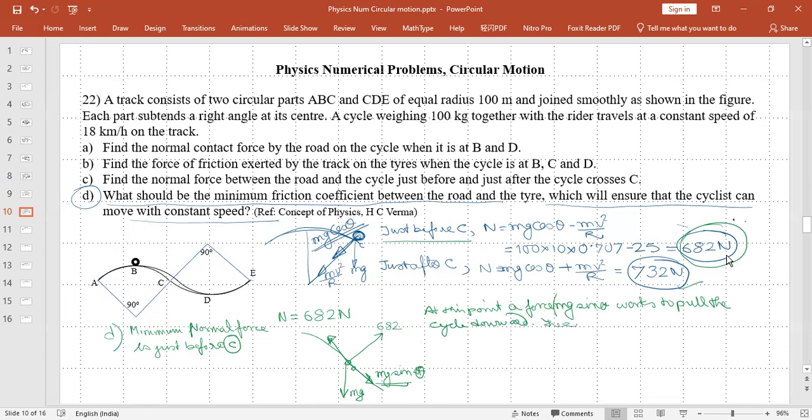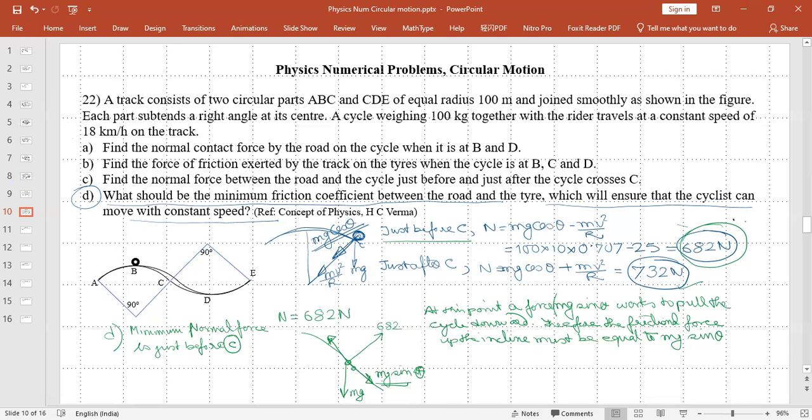Therefore, the frictional force of the incline must be equal to mg sine theta.